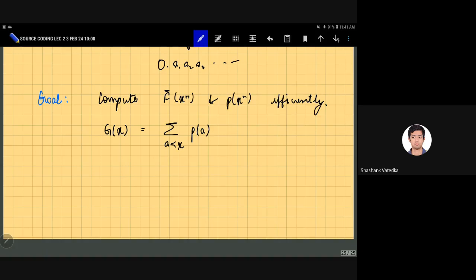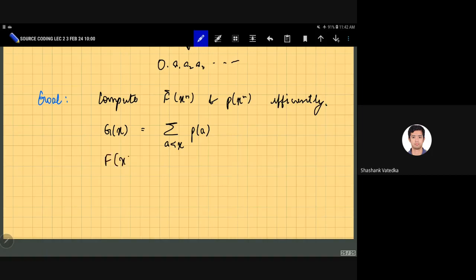The CDF is the summation over all a less than or equal to x of p of a. The f bar is the summation over all a less than x of p of a plus p of x divided by 2, and g of x is just the summation over all a less than x of p of a.